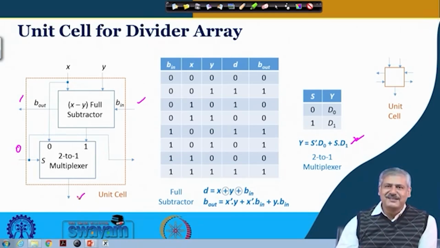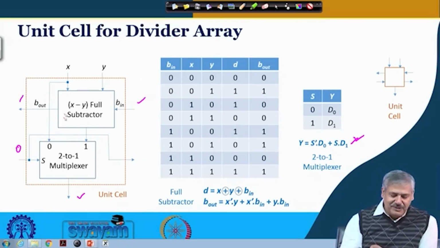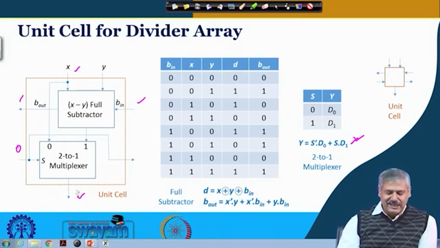There is the catch, the nice thing about the full subtractor approach that we shall see. If it is 0, then what is to be subtracted in this particular cell, that only gets passed, not the subtraction result, not the difference.